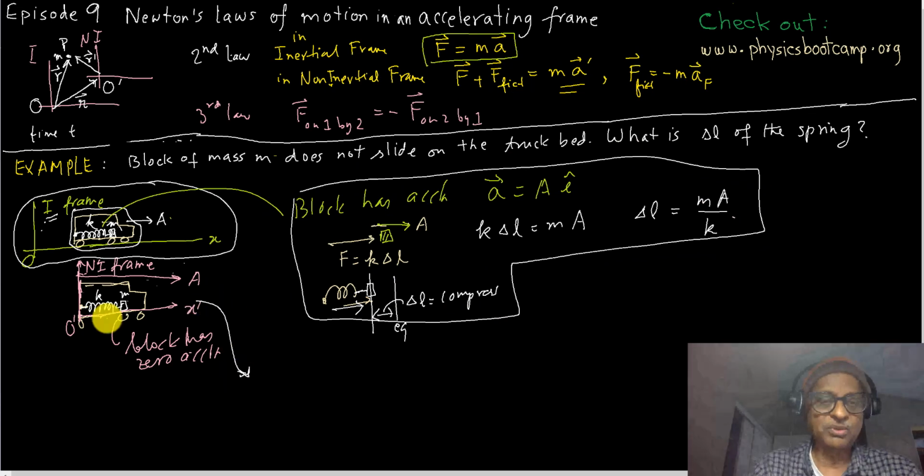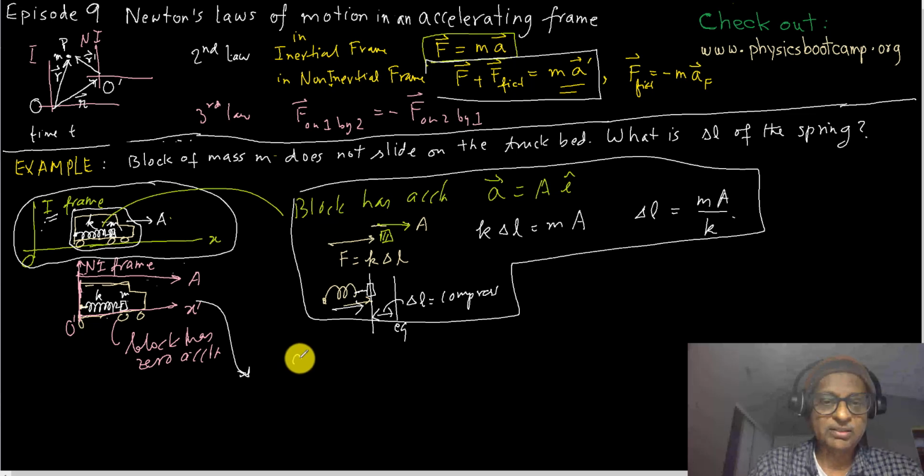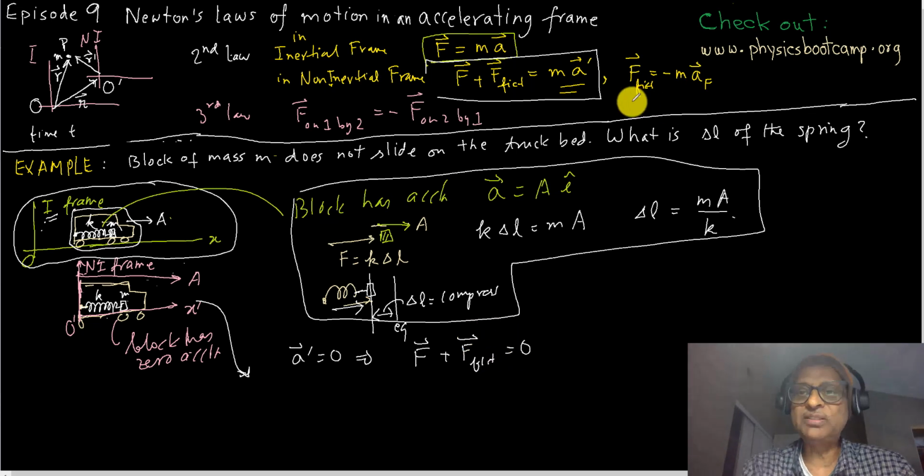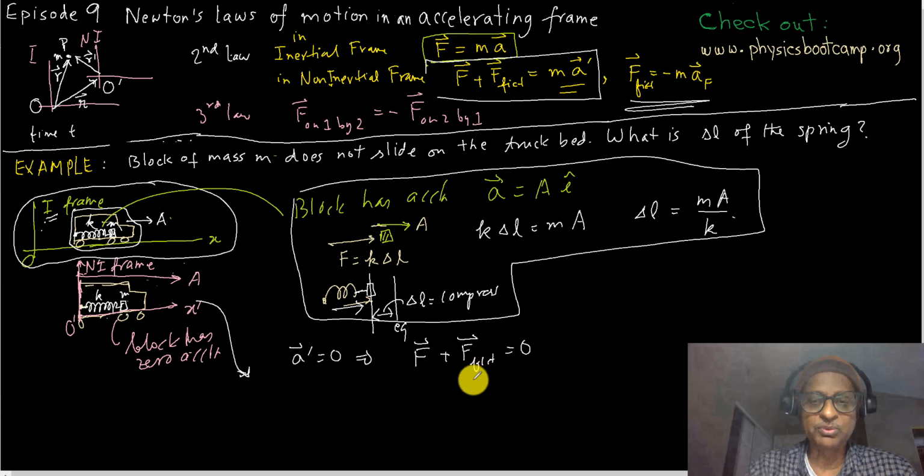In this one, what do we have? We have acceleration of the block, so we're going to do it this way. Acceleration of the block is 0, so the right side is 0. So that means we have a force that has to come from the spring plus the fictitious force has to be equal to 0. The fictitious force is that, right? This one is everything along the x direction.